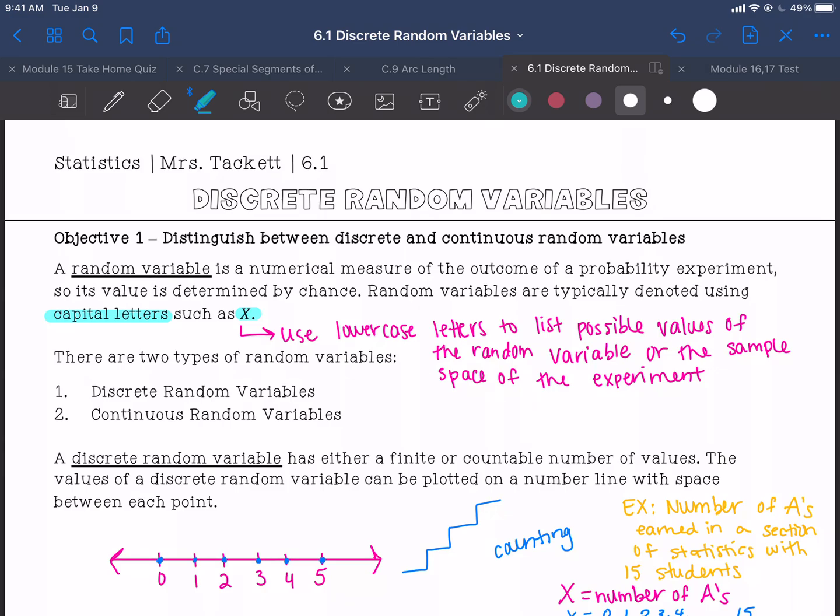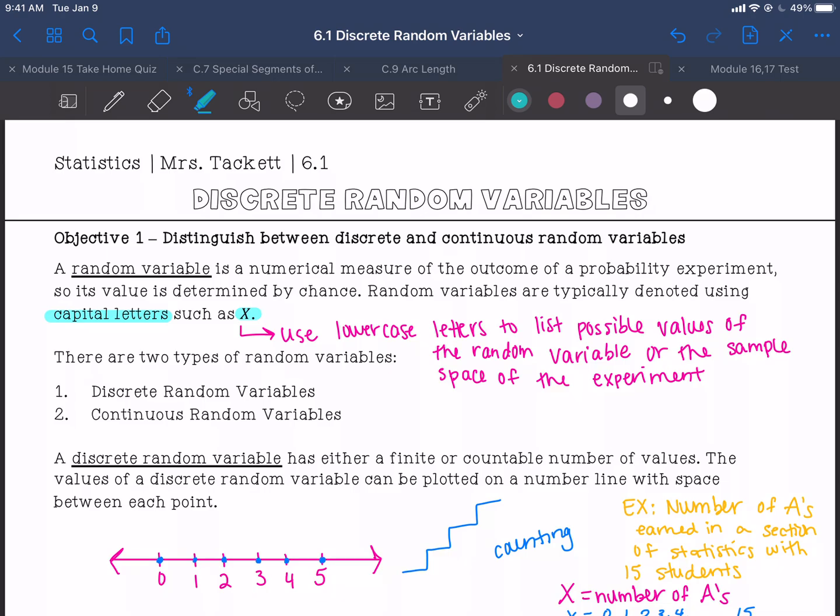We will use lowercase letters then to list the possible values of the random variable, or the sample space of the experiment. So for example, if capital X is representing the number of siblings that each student in our statistics class has, then lowercase x, the possible values, could be 0, 1, 2, 3, 4, and so on.